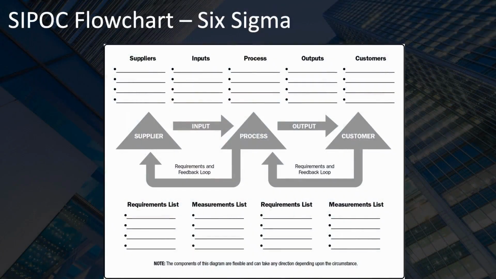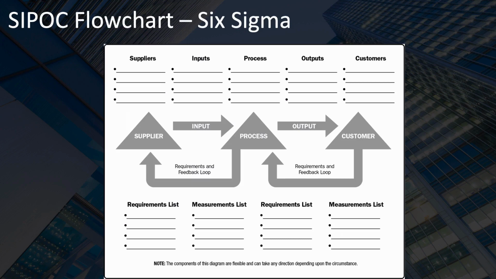Here's a simple diagram of a SIPOC flowchart. These types of flowcharts are used commonly in Six Sigma projects. SIPOC is an acronym that stands for the major parts of this flowchart: supplier, input, process, output, and customer.